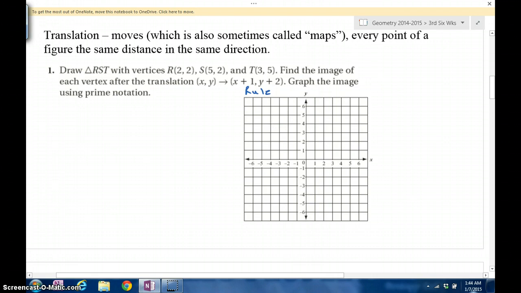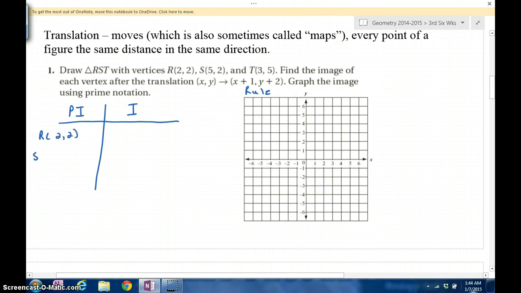All right, so we're going to graph this image. So first thing I'm going to do is let's go ahead and get our points down. We can make a little chart real quick. Your pre-image and then your image. All right, so we have R being (2, 2).